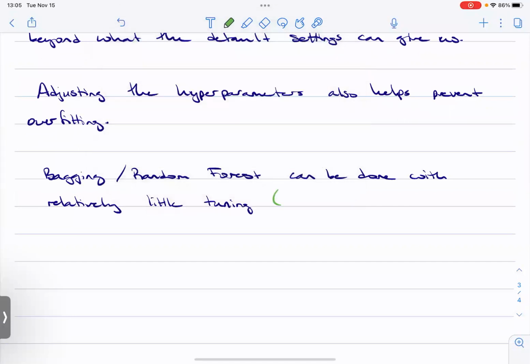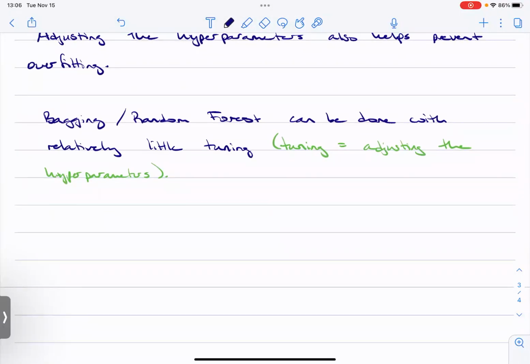And of course, I say tuning, but tuning really means adjusting the hyperparameters. Whereas boosting, which we have not really talked about, requires a lot of tuning, which means it requires a lot of practice.